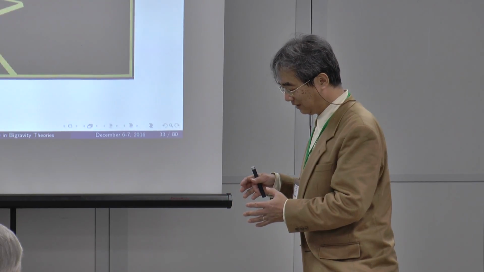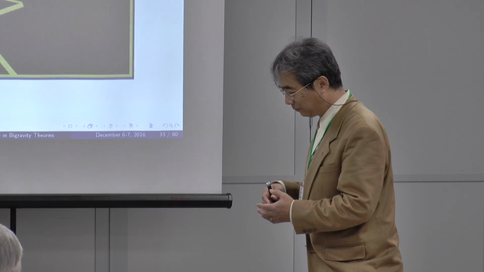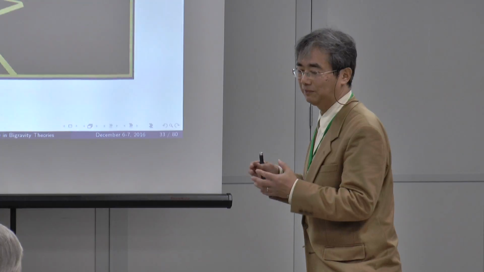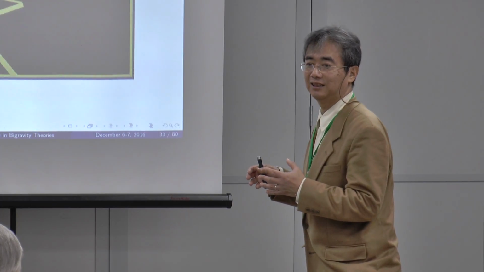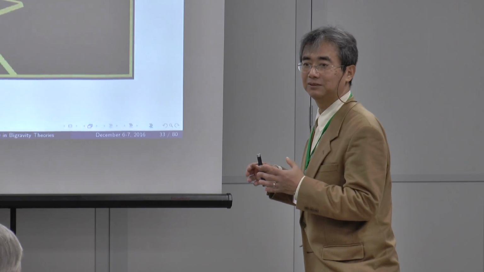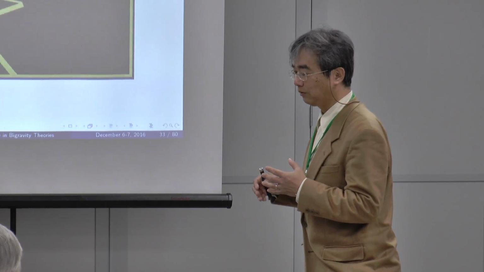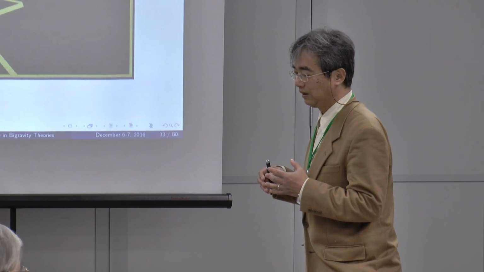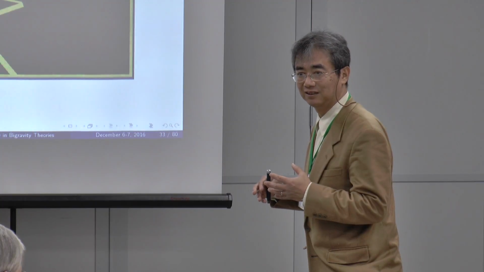So we consider several kinds of modification of gravity. But very recently there has been great progress in the study of massive gravity and bigravity, and we tried to use such theories to explain the accelerated expansion.